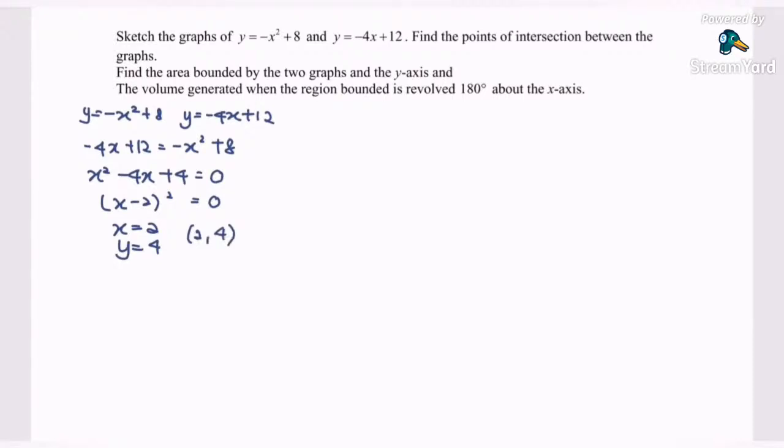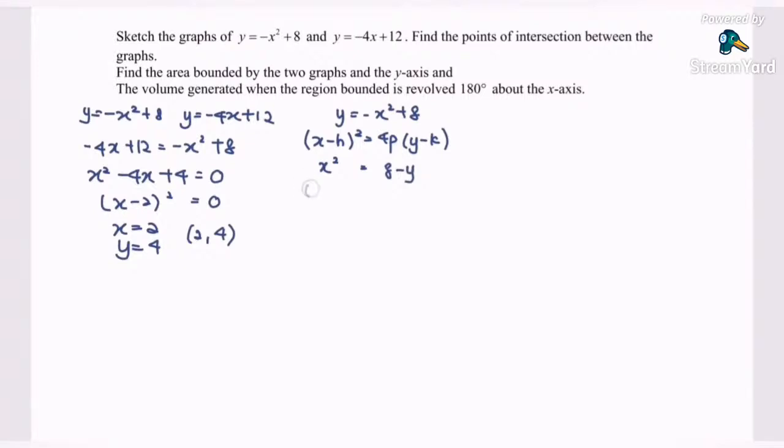Next, I'm going to sketch the graph for the quadratic, where we have y equals negative x squared plus 8. So kindly compare the equation with (x minus h) squared equals 4p(y minus k). So we will have x squared equals 8 minus y.